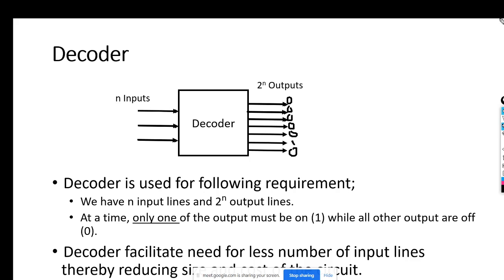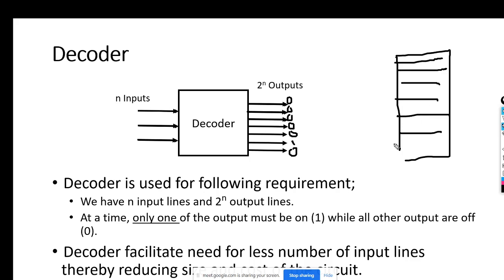Decoders have a lot of uses in computer architecture, especially in memory accessing. The memory side has a decoder so that we can say which memory address we want to access right now, because at a time we are not going to access two memory locations.